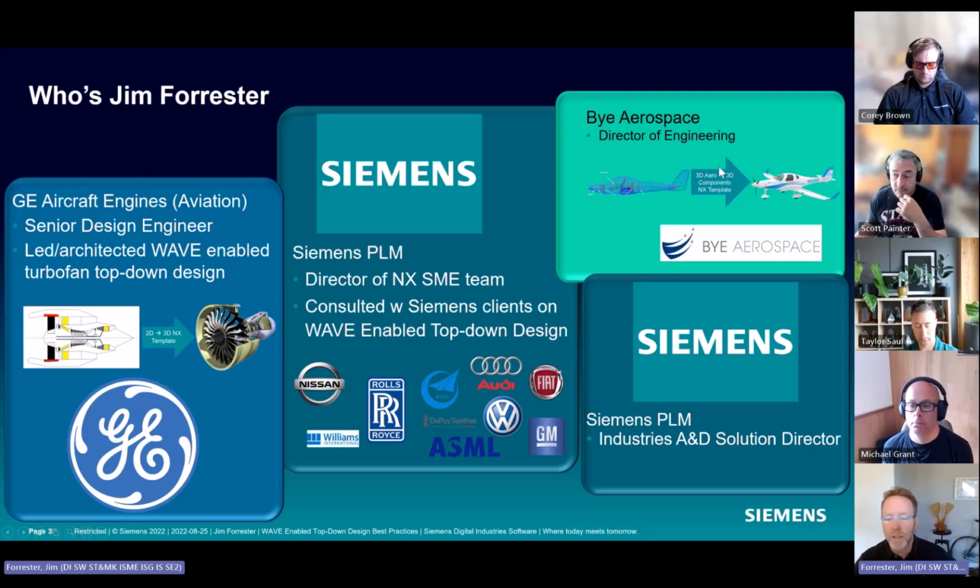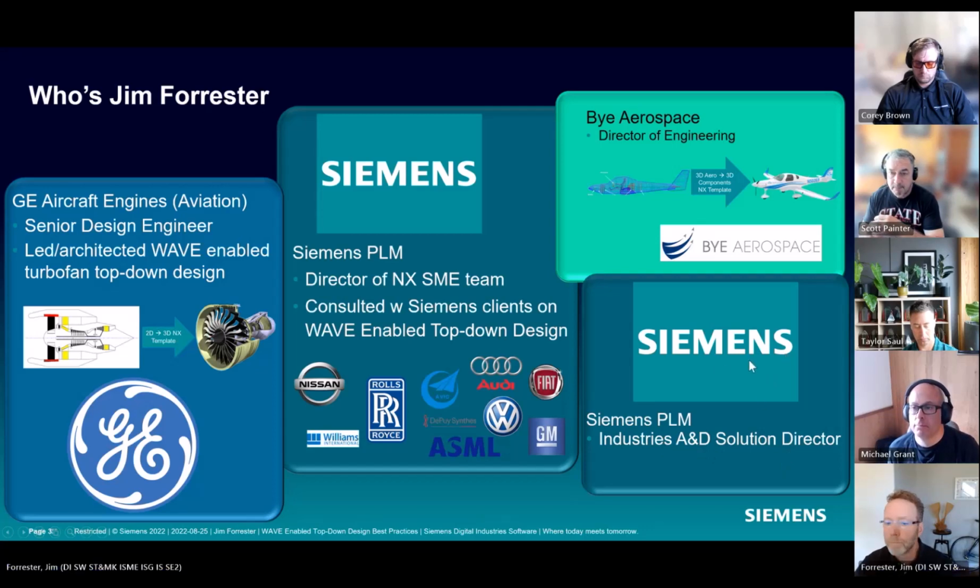And within this process arrow here, we did 2 major redefinitions; we modified the primary geometry twice. And that took, with all the detailed components, a team of 8 people working from their homes over Wi-Fi during COVID, 1 week to do that each time. So it was pretty amazing. And now I'm back at Siemens, and I work in the industries group, and I'm the Aerospace and Defense Solution Director.